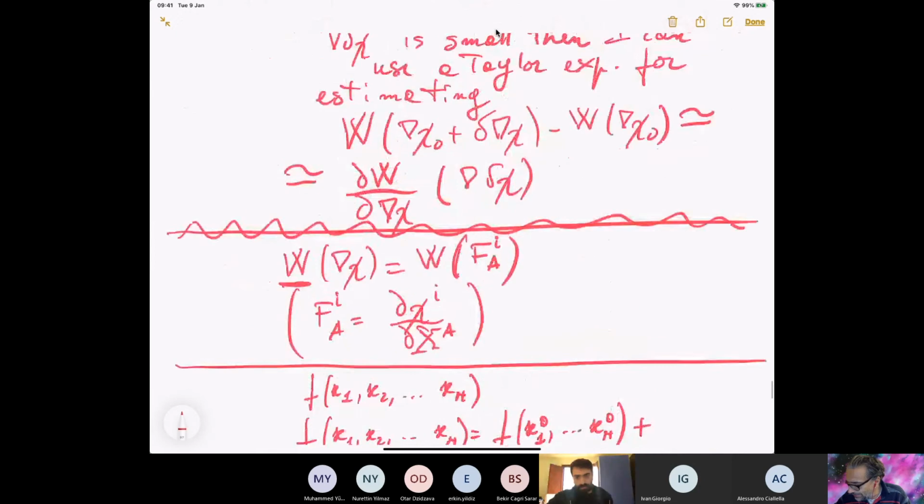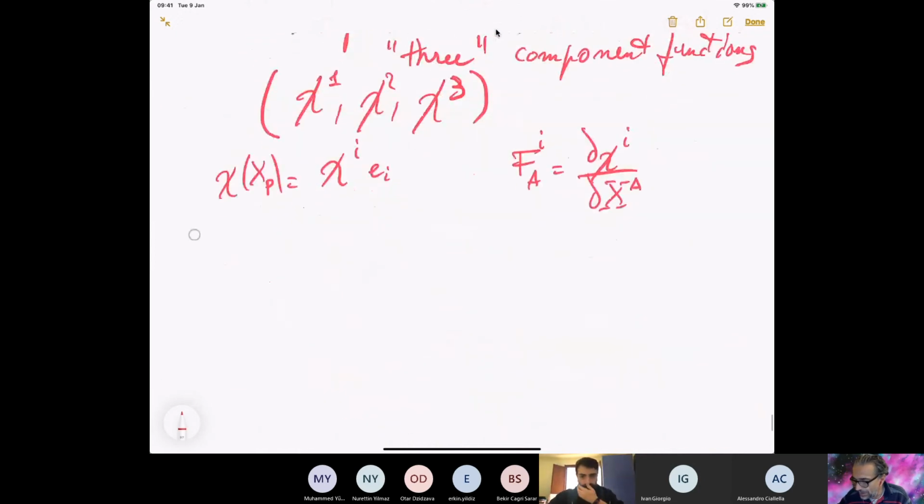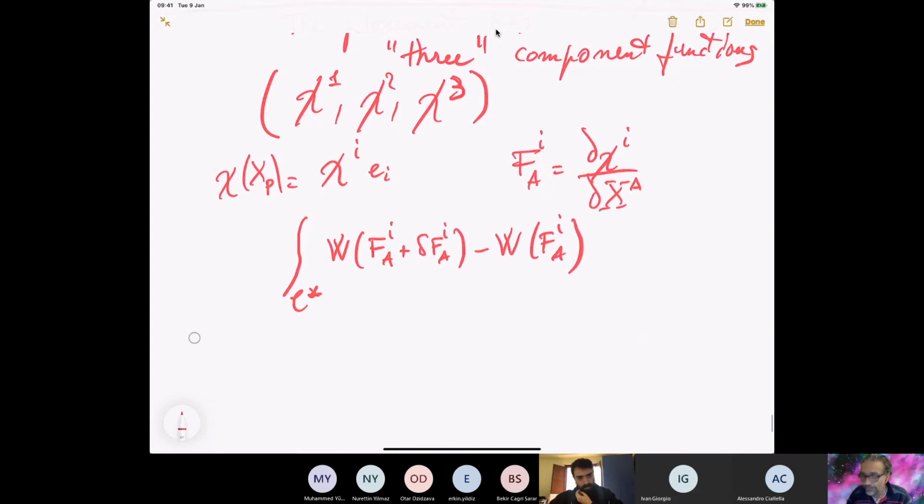So I repeated another time this reasoning. So now we have the integral over C star of W of F_iA plus delta F_iA minus W of F_iA. And we write this equal to dW over dF_iA times delta F_iA.